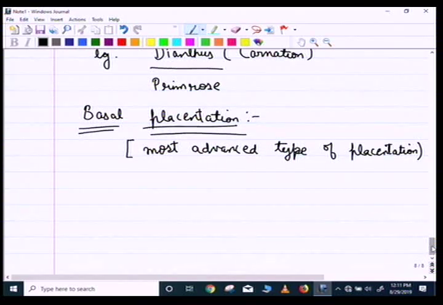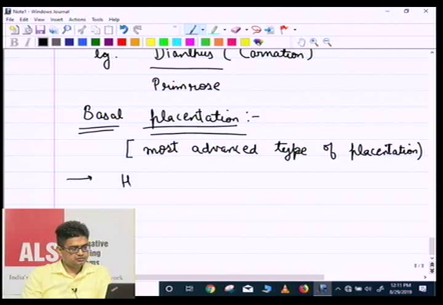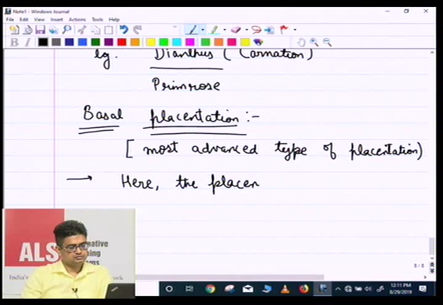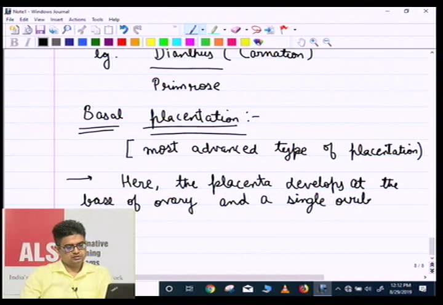Okay. What happens in basal placentation? You can say here, the placenta develops at the base of ovary, and a single ovule is attached to it.